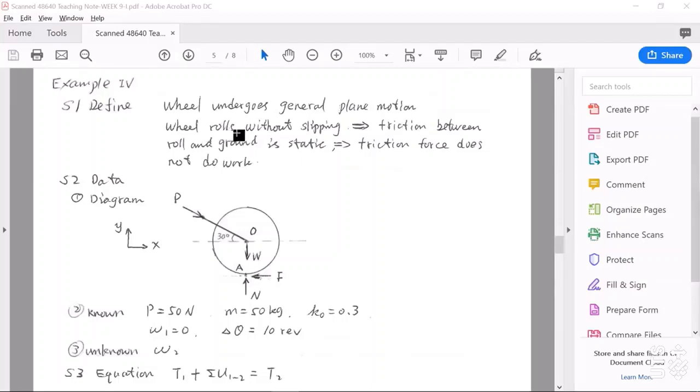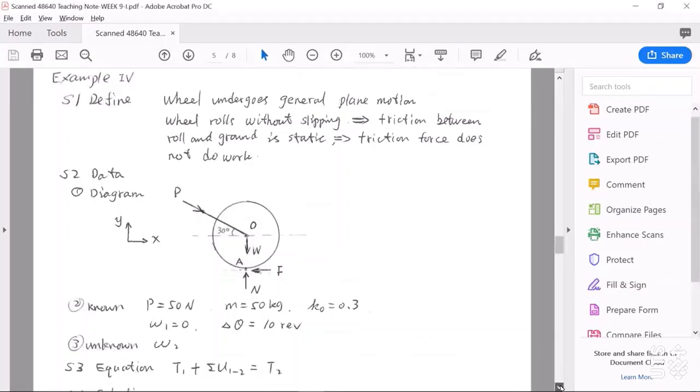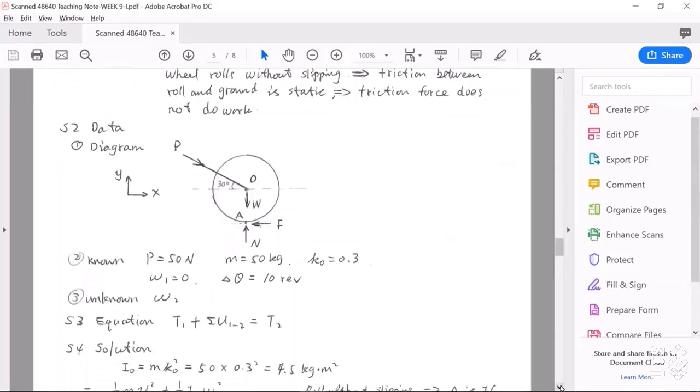Because it rolls without slipping, the friction between the roll and the ground must be static friction force. Static friction force does not do work. Okay, a diagram.